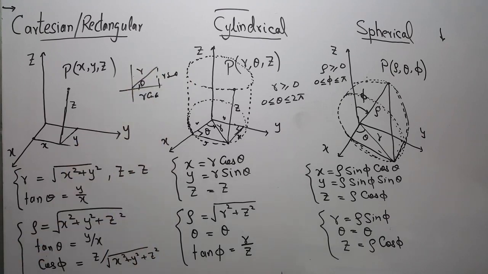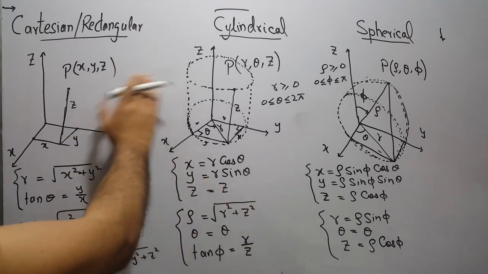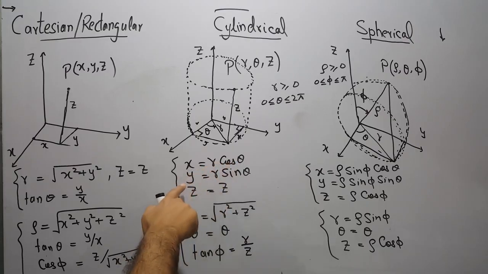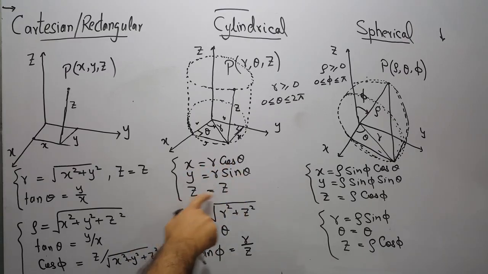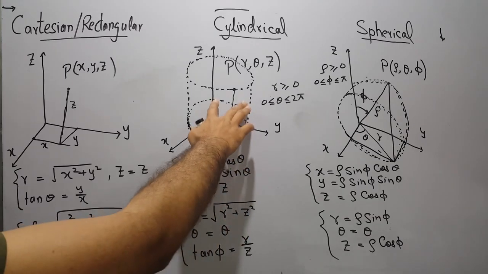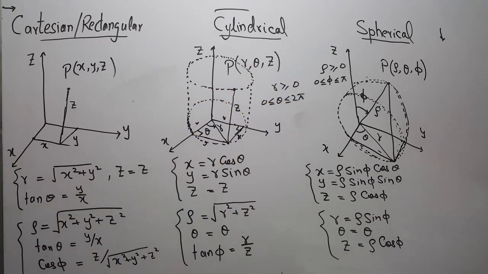So x is equal to r cos theta, y is equal to r sin theta, and z is equal to z. Similarly, if you have to transform this into spherical, theta is not changing, exactly the same theta. Rho, instead of x square plus y square plus z square, we know that x square plus y square is equal to r square. So this is transformed into the square root of r square plus z square, and tangent phi is equal to r over z.